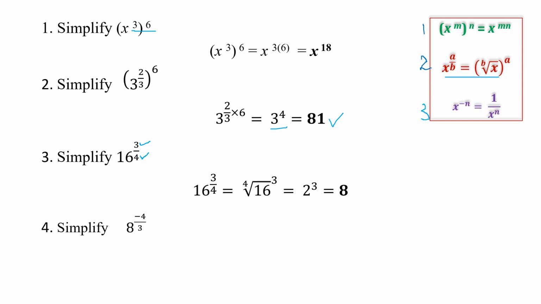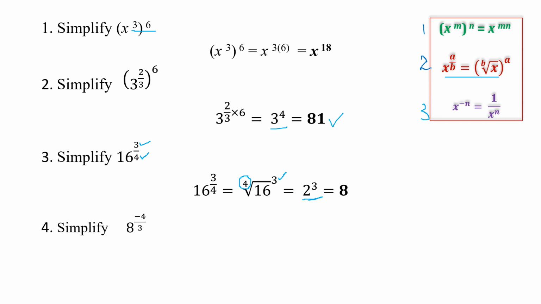The fourth root of 16 is the number that multiplies itself 4 times to give us 16, and that number is 2. And we have this power 3, so it is 2 to the power 3.